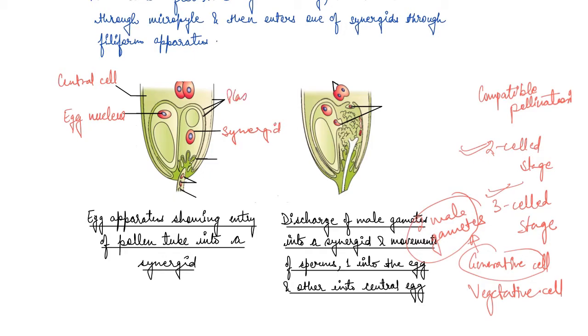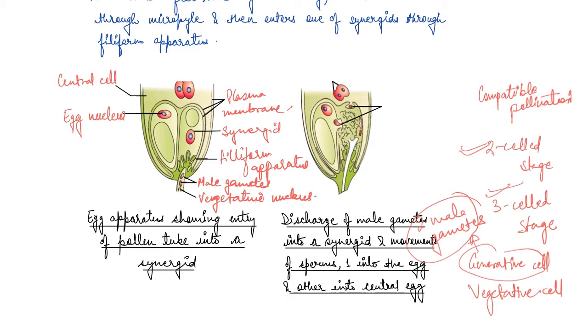This is the plasma membrane. Then we have the filiform apparatus. Here we have the two male gametes and the vegetative cell, so the vegetative nucleus.